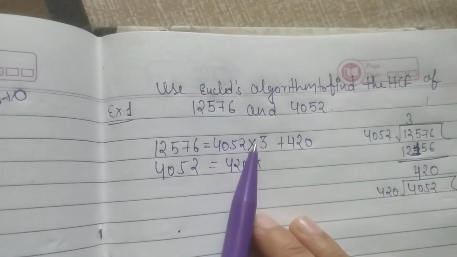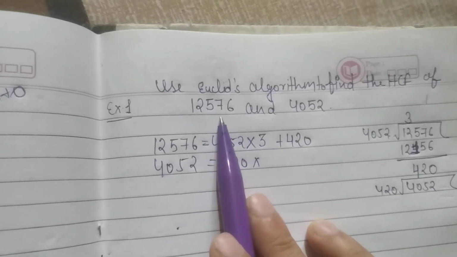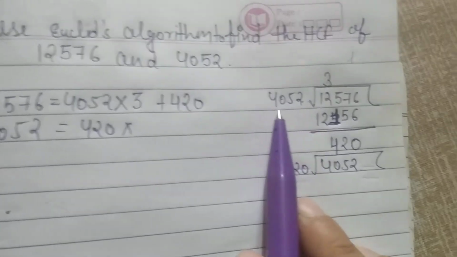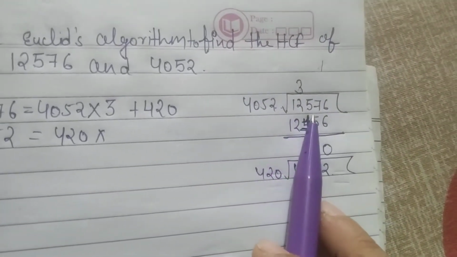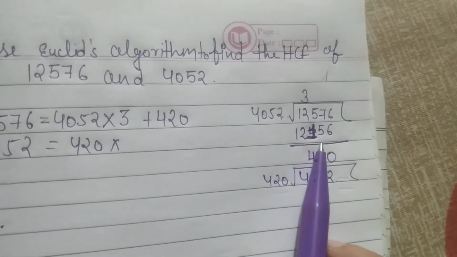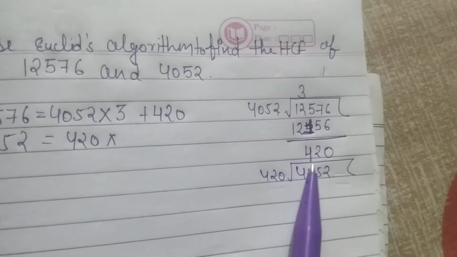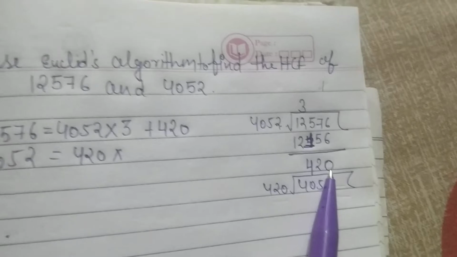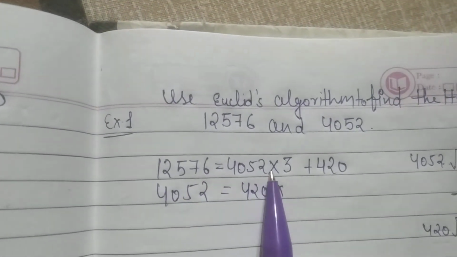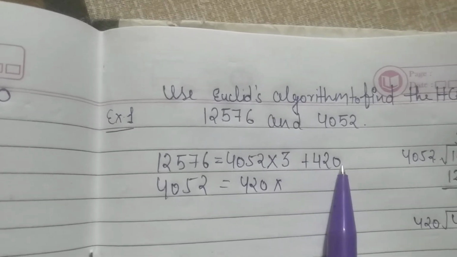So we will divide 12576 by 4052. It will go 3 times, with remainder 420. So we write it in the form 12576 = 4052 into 3 + 420.